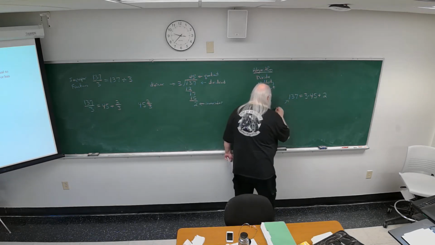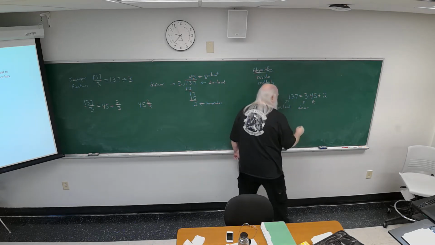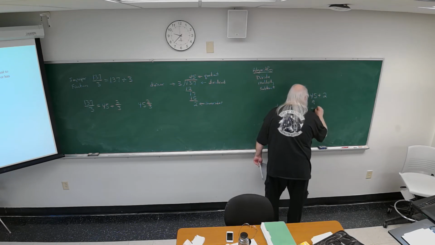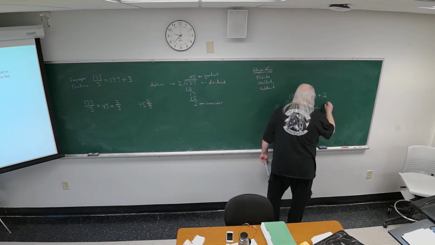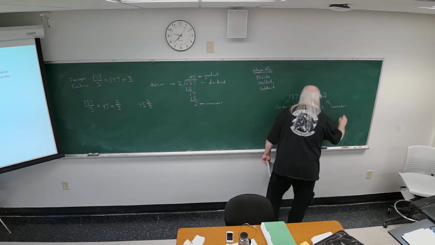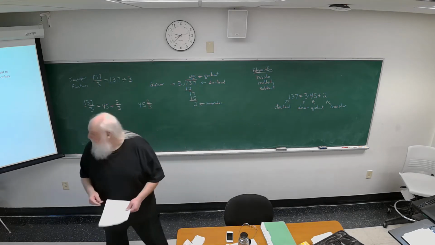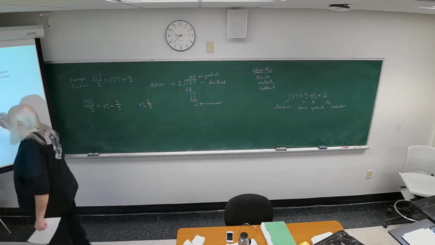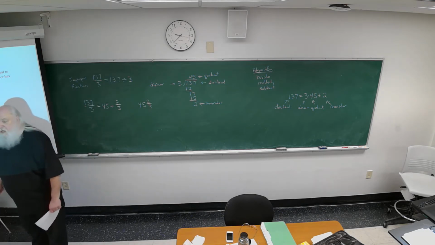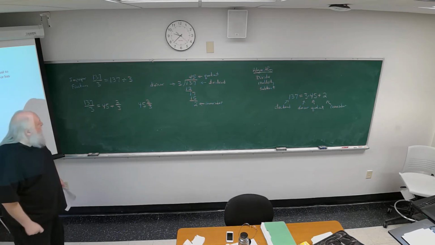So the dividend is equal to the divisor times the quotient plus the remainder. Okay. So that is basically what all this is up here with real numbers. Any questions on that review?